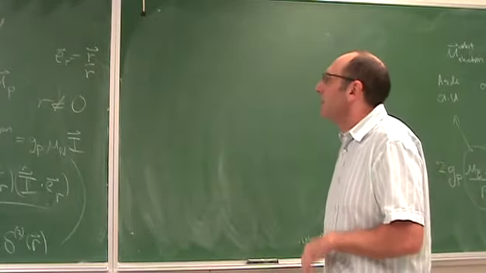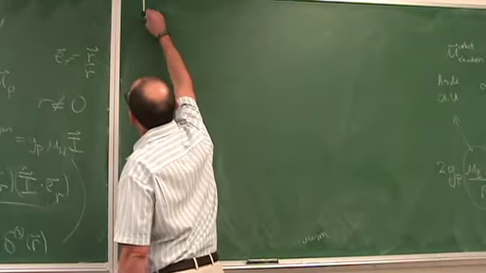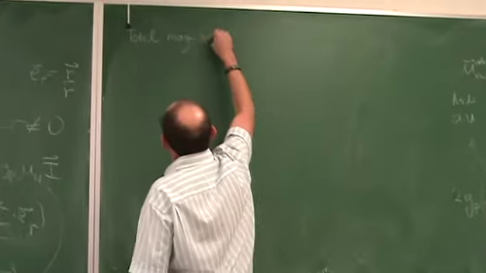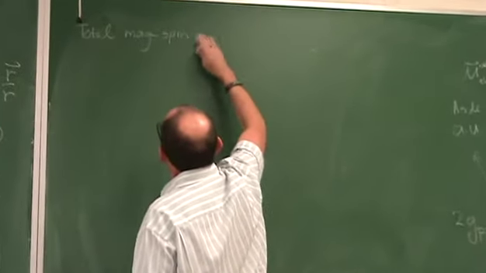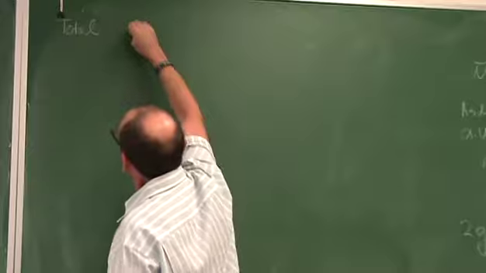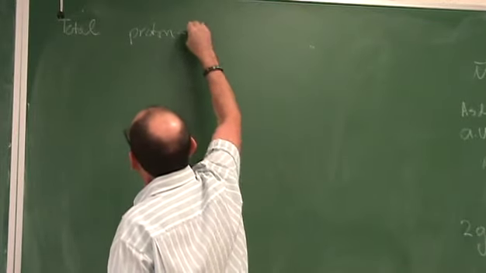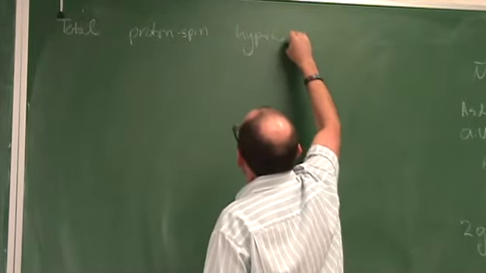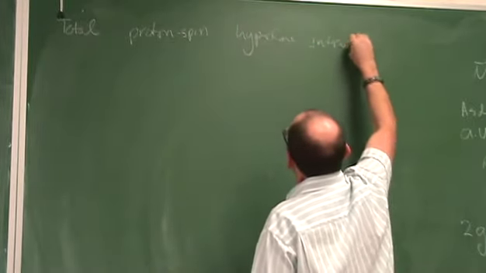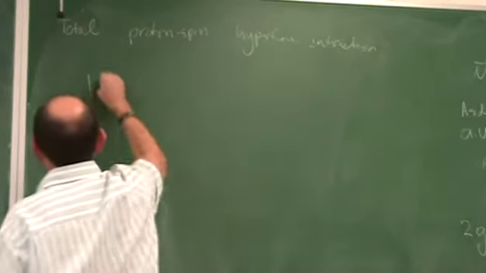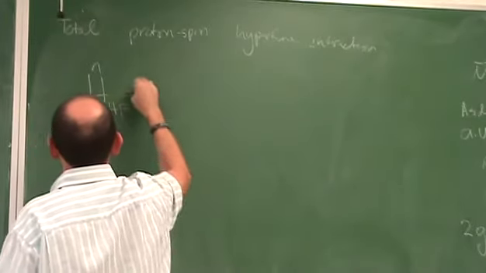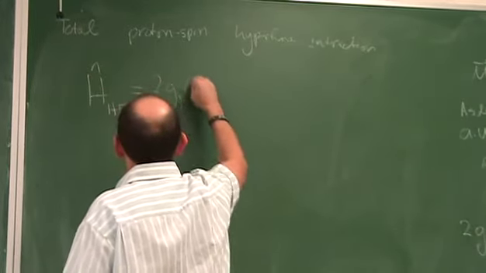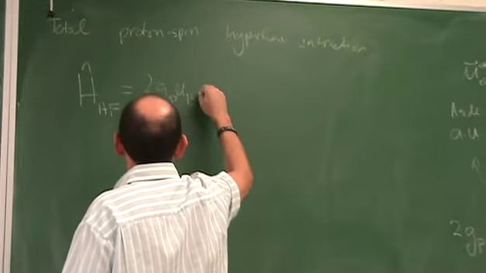But what do we have? The total magnetic spin interaction for total proton spin, the hyperfine interaction, I'll call it HF, is equal to twice the g factor of the proton, the product of these.